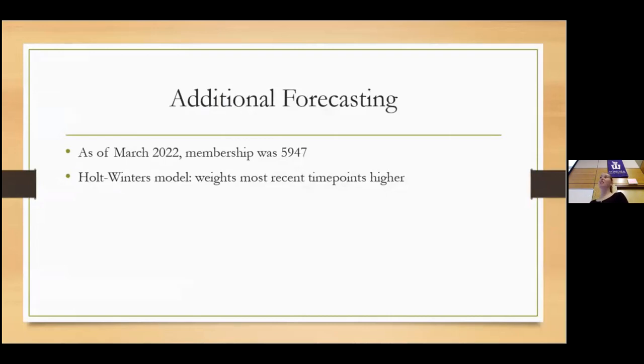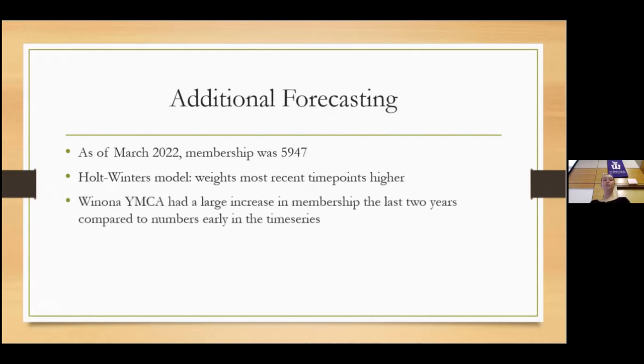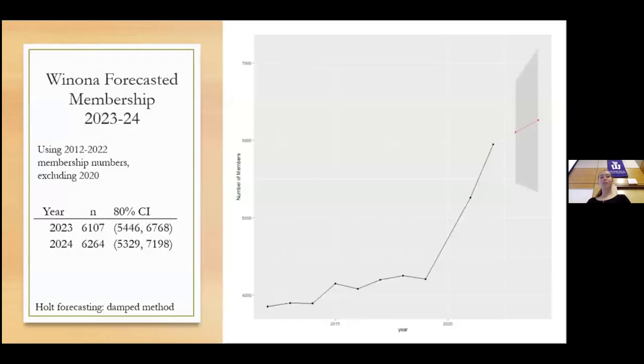So we decided to do an additional forecasting model. It's called the Holt-Winters model, which weights the most recent time points higher. Since Winona had a large increase in membership in the last 2 years, this would be a good model because of the difference in the time series. So here is that Holt-Winters model.